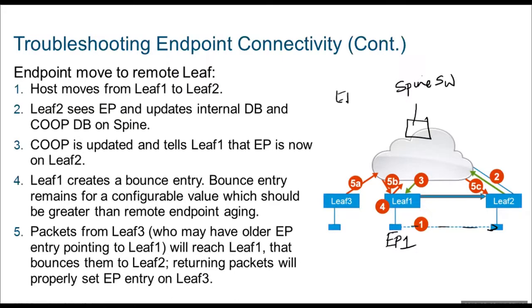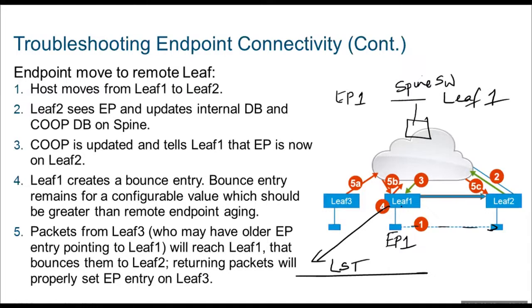Originally, endpoint 1 is on leaf 1. And of course, in the local station table, you probably have endpoint 1 on 1/4. It's a move.